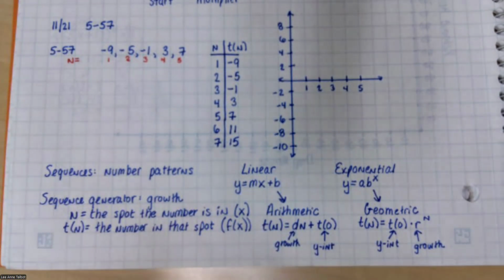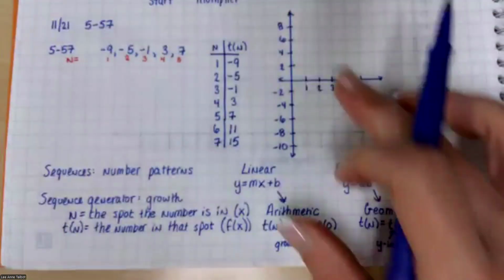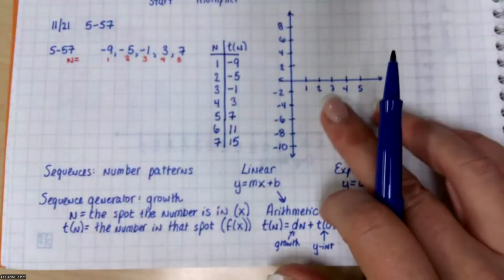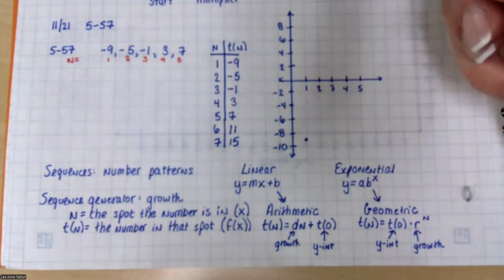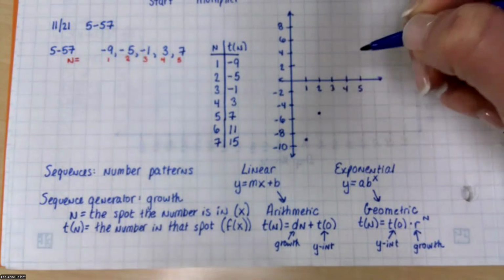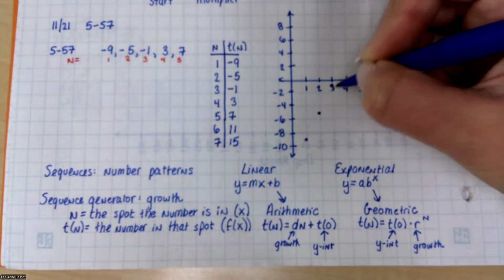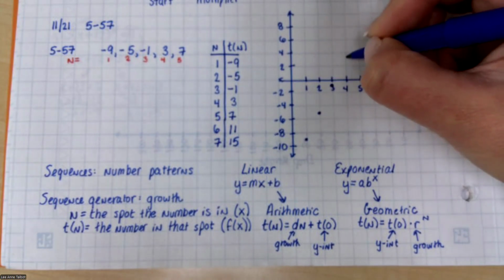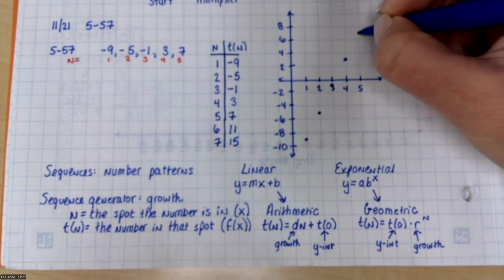Okay. So first thing we do is make the table. Second thing we're going to do is plot whatever points will fit over here. So 1, -9, 2, -5, 3, -1, 4, 3, 5, 7.